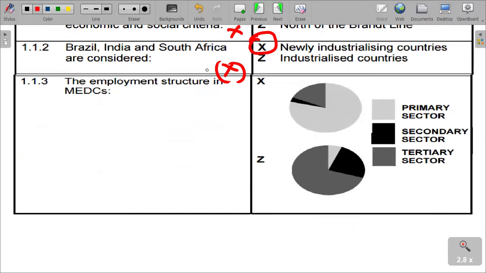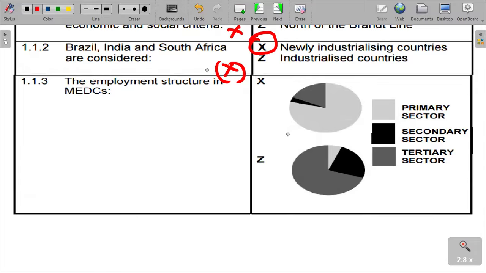The employment structure in most economically developed countries is just an analysis of labor allocation based on the economic sectors. We have the primary sector, which is indicated by the light gray, then the secondary sector, which is black, and then the tertiary sector, which is this gray.